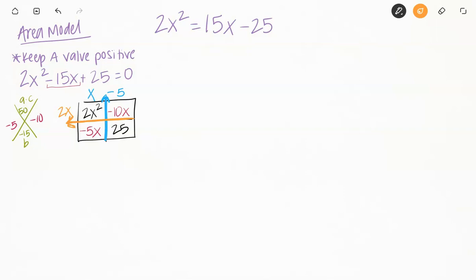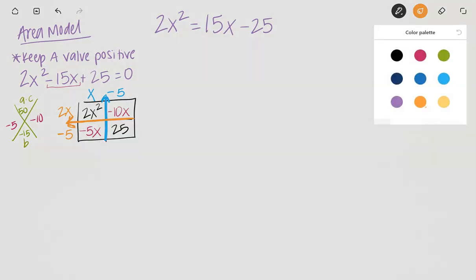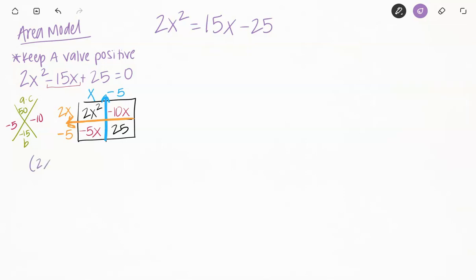Negative 5x and 25, our greatest common factor here is 5, but because the 5x is negative, this is also going to be negative. We write these together, so our factored form is 2x minus 5 times x minus 5 equals 0. If we were to multiply this out, we will get back to 2x squared minus 15x plus 25.